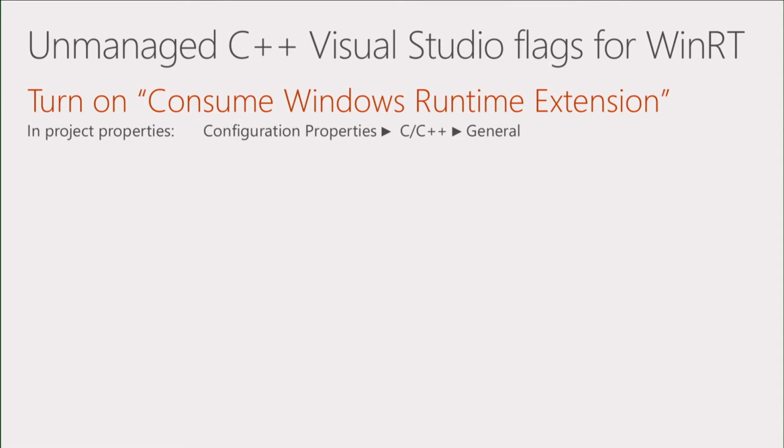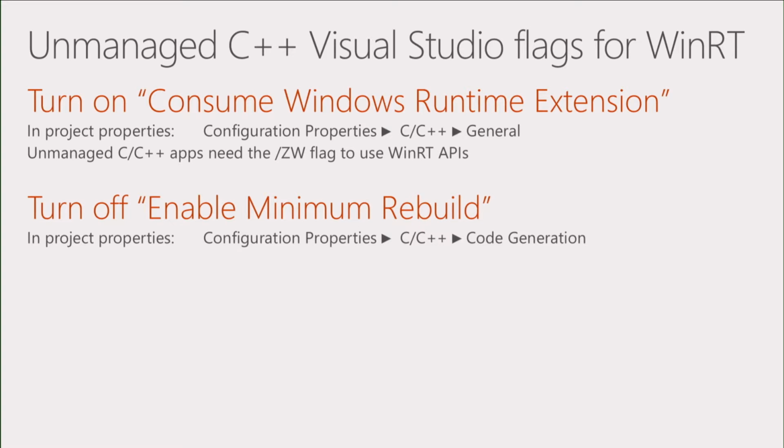For those of you who are more used to doing C++ unmanaged code, there's a couple of things that you need to do to set up your environment there. In Visual Studio, you need to turn on this flag for Consume Windows Runtime Extensions. This is the WinRT API set. It's under the Configuration Properties, C++ General, and it's called the ZW flag.